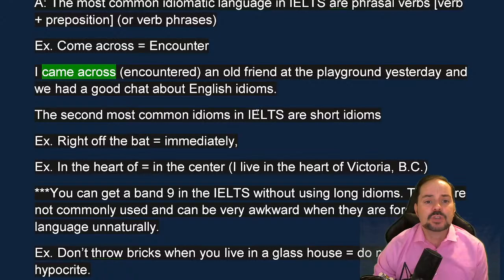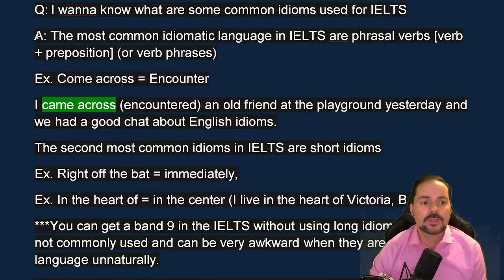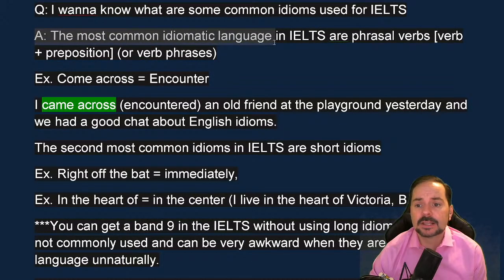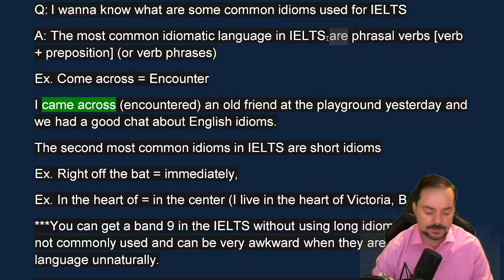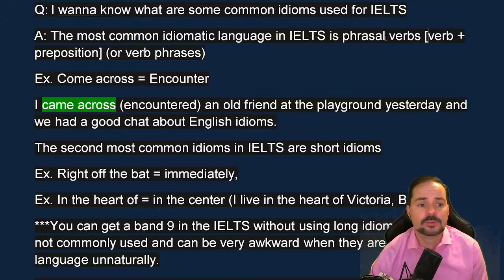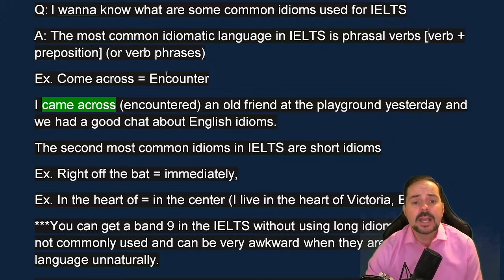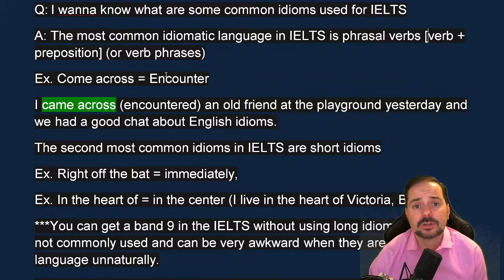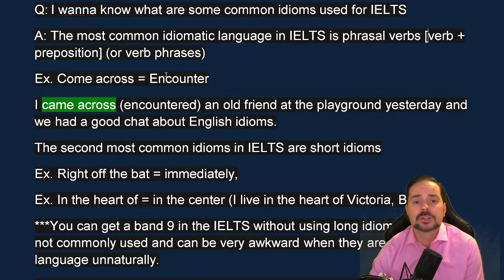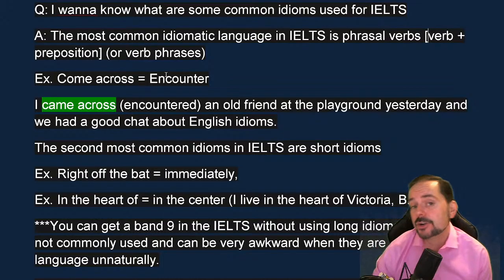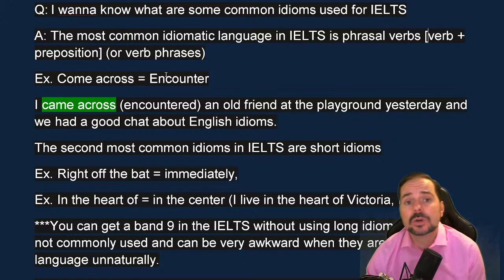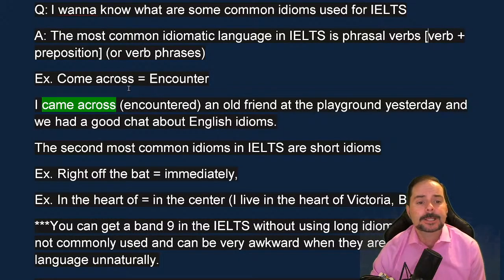So again, just to reiterate, the most common type of idiomatic language in IELTS are phrasal verbs. It's verb plus preposition, and you should know lots of phrasal verbs. Most of you do. Most students, when they get to an intermediate level of English or higher, know lots of phrasal verbs. So just use those, okay? Use your phrasal verbs.